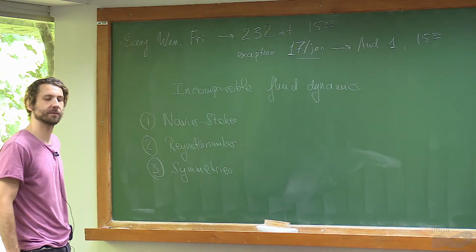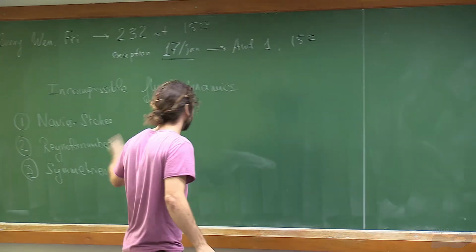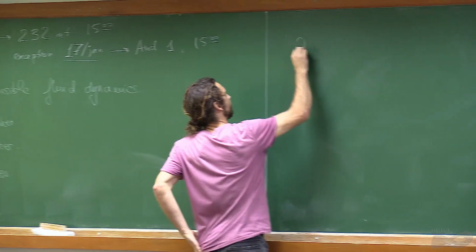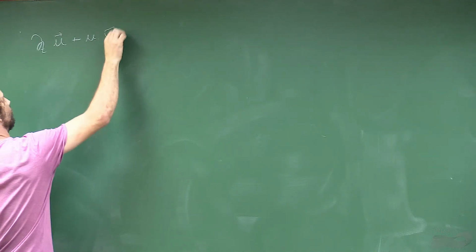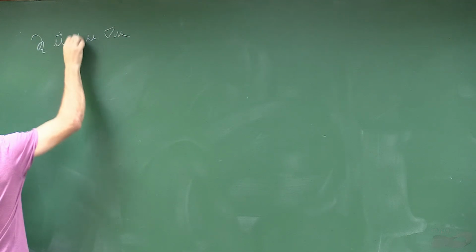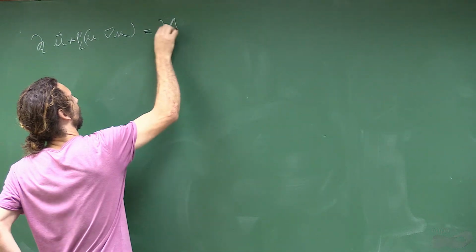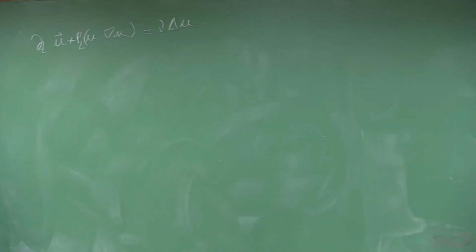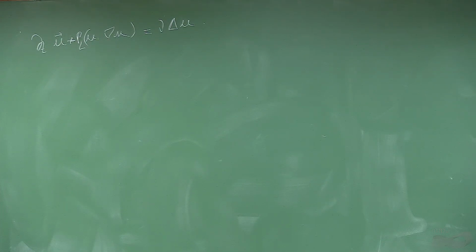So let's talk about symmetries now. Again, we are going to talk about symmetries of the Navier-Stokes equation. Let's put the Leray projection, it will be even easier. I formulated it with nu, and it will be easier.